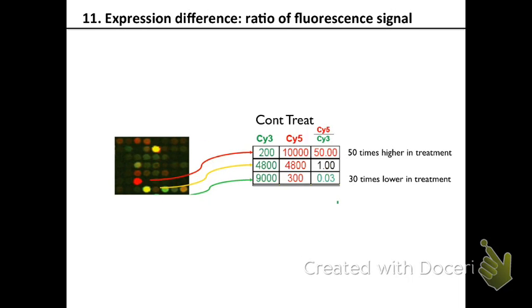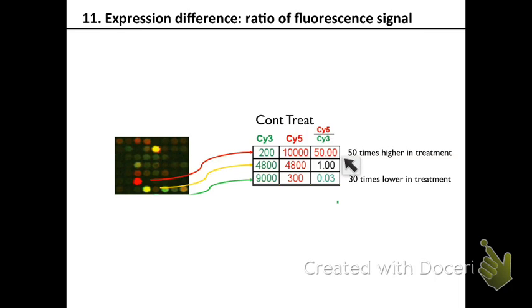So to look at the differential expression, what you can do is you can express this quantitative data as a ratio, right? So you can take the ratio of one signal, Cy5, so that's the amount proportional to amount of RNA in that sample, compared to the other one.